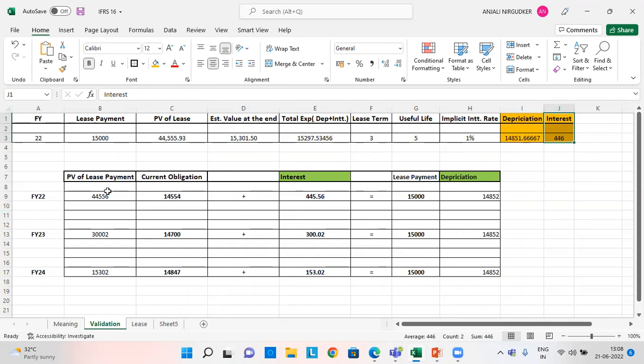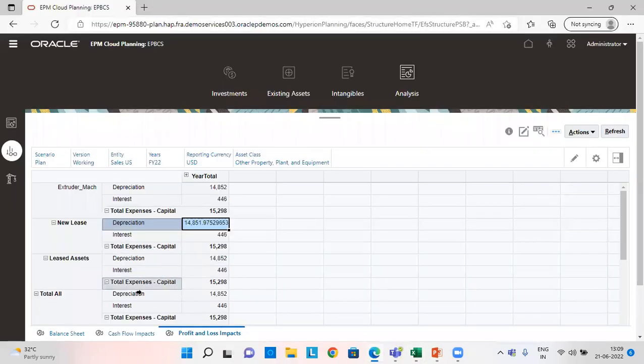Now one more thing I want to show you is this amount of 14554, which is the current obligation. Our total payment was 15,000, minus the interest amount 445.56. So the remaining amount is our current obligation. We can check this amount in our balance sheet.